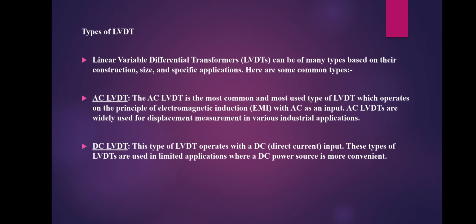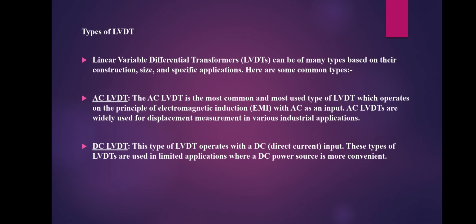AC LVDT is the most common and most used type of LVDT, which operates on the principle of EMI, electromagnetic induction, with AC as an input. AC LVDTs are widely used for displacement measurement in various industrial applications.